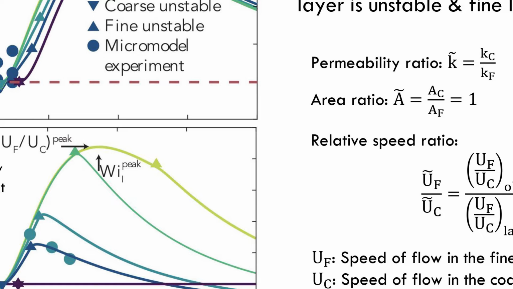And you'll notice that the coarse layer goes unstable at roughly the same spot, while the fine layer goes unstable at higher and higher Weissenberg numbers as we change the permeability. But ultimately, the development of elastic turbulence in these stratified systems are all roughly the same within experimental error. So what's practically relevant for us is this graph that I have here.